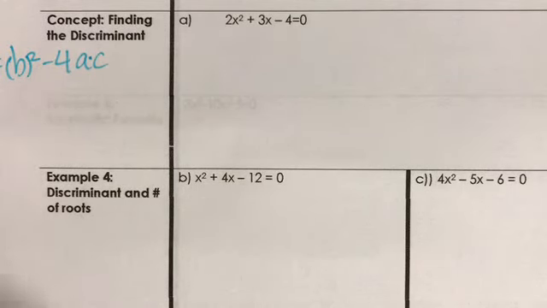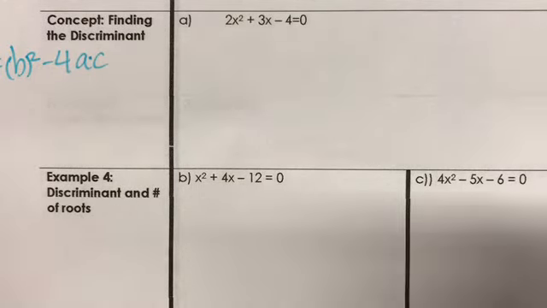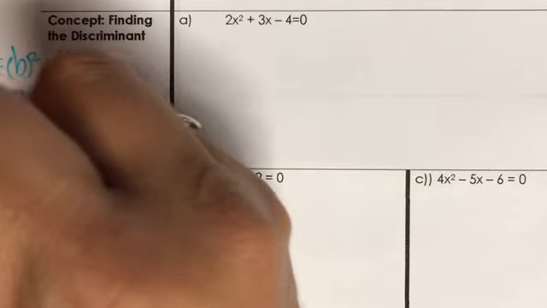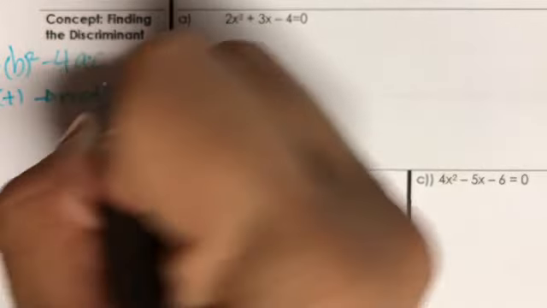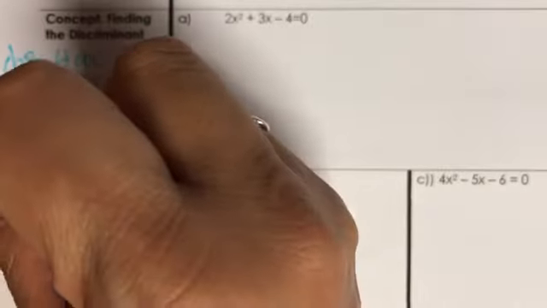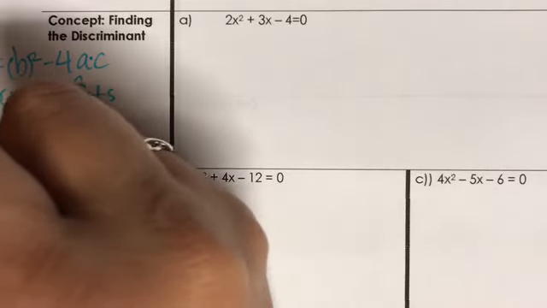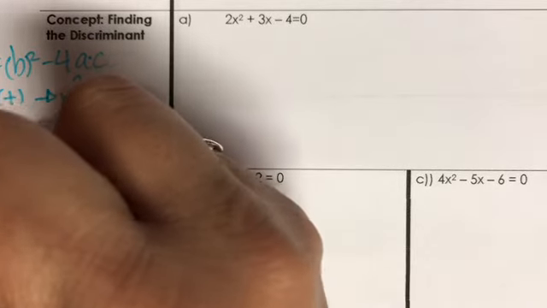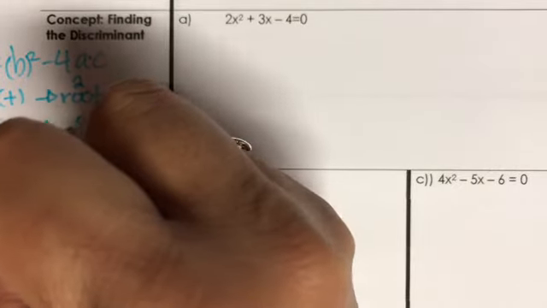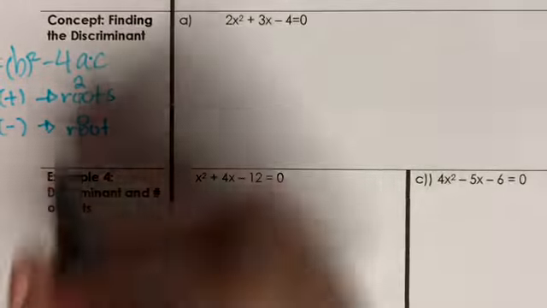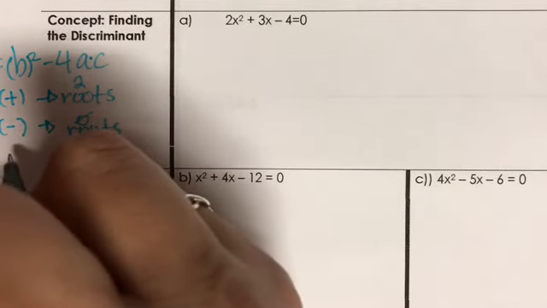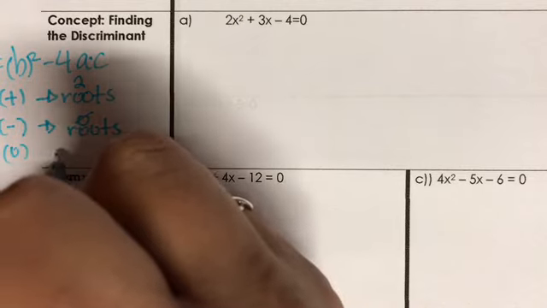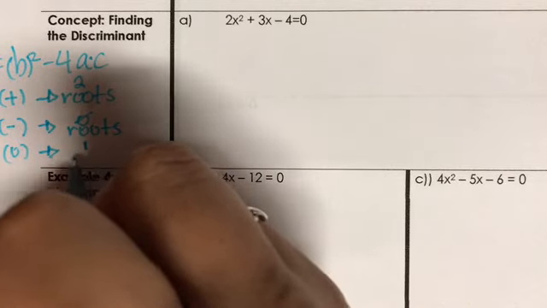So the results of my discriminant: when D is positive, that means I'm going to have 2 roots. Now when D is negative, that means I'm going to have 0 roots, so no roots. And when D is 0, that means I'm going to have 1 root.